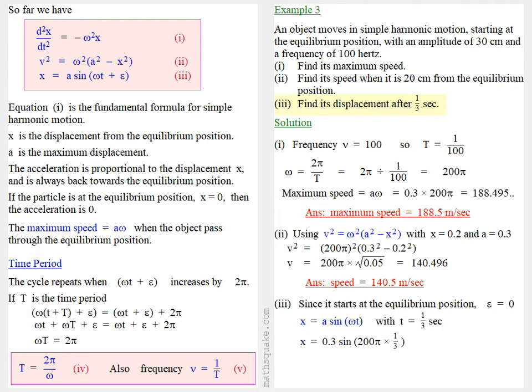So x is equal to 0.3 sine 200 pi times a third. And we've got to remember that we must have our calculator in radians to get x is equal to 0.2598 meters. So the displacement after 1/3 of a second is 26.0 centimeters.